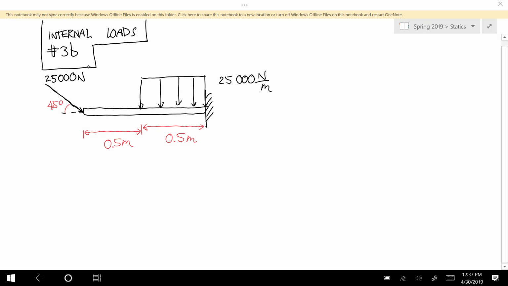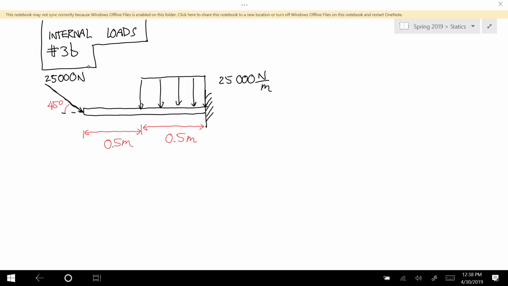Since the fixed joint, the only joint with the outside world, is on the right end, and when we do our cuts we never get all the way to the right end, we don't have to do the calculation of external loads. We can just get right into the cuts. There's no weight mentioned in this problem.